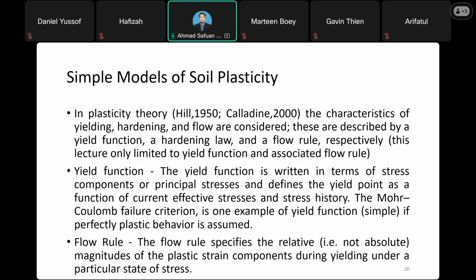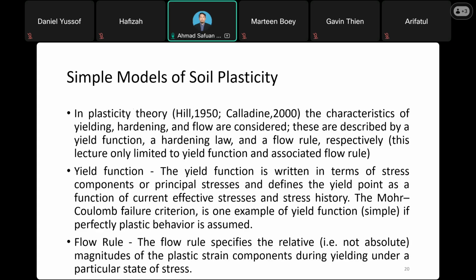Okay, in plasticity theory, based on Hill and Calladine, the characteristics of yielding, hardening, and flow are considered. These are described by the yield function, a hardening law, and the flow rule, respectively. This lecture is only limited to the yield function and associated flow rule.